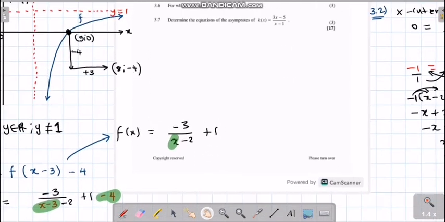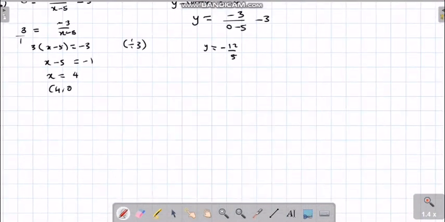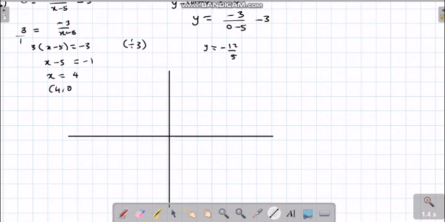Let me erase that part. Okay, so now let me sketch the graph of h, with our x-axis and y-axis.